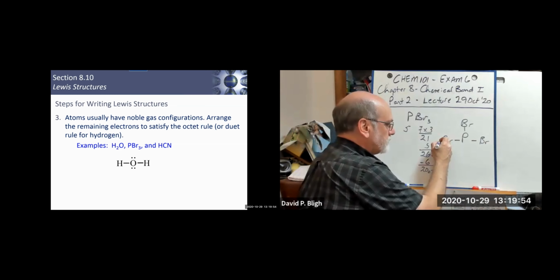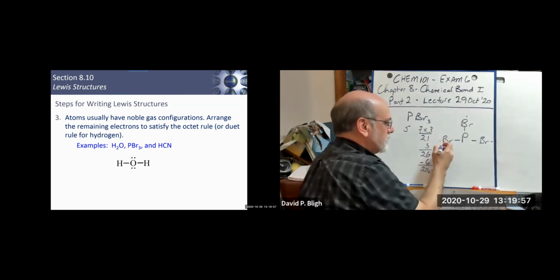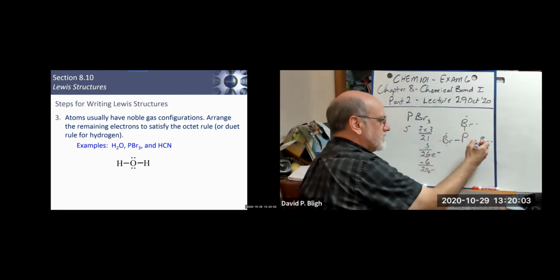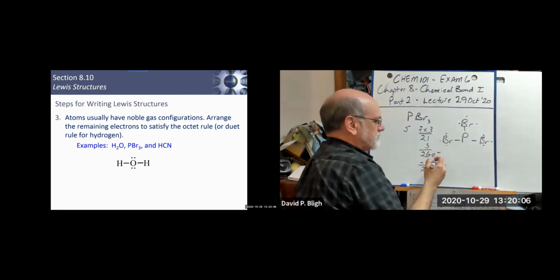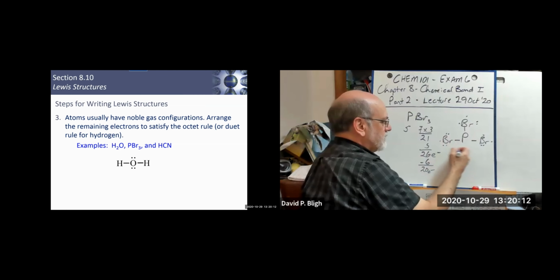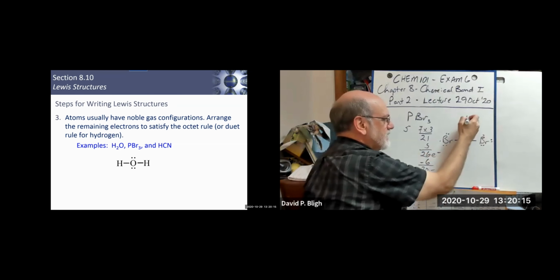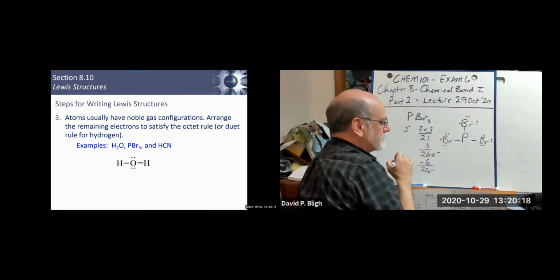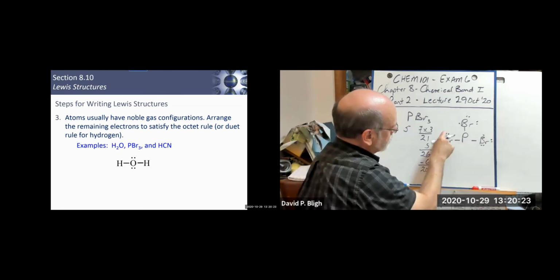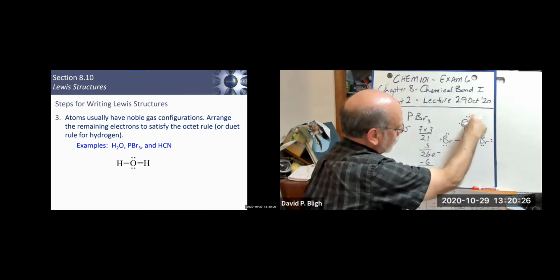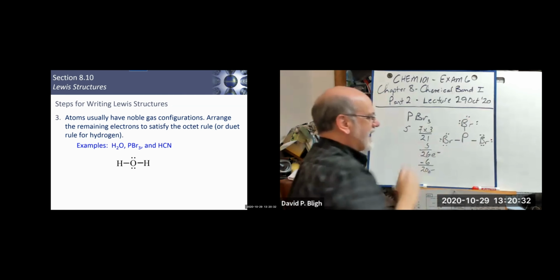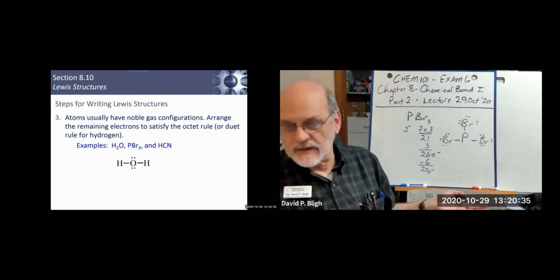So we would go 1, 2, 3, 4, 5, 6, 7, 8, 9, 10, 11, 12, 13, 14, 15, 16, 17, 18. Now, why did I stop there?